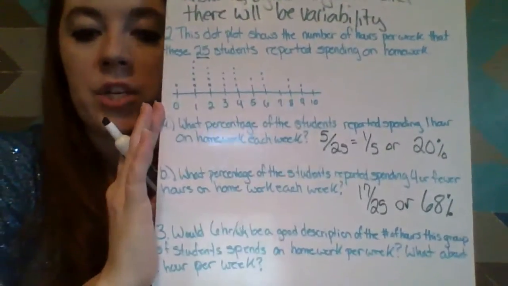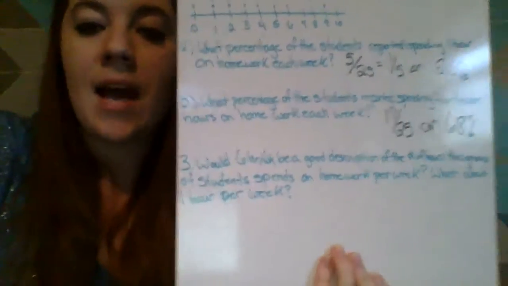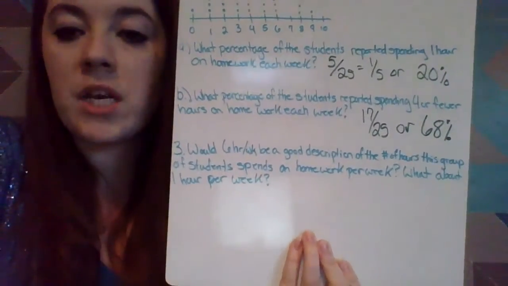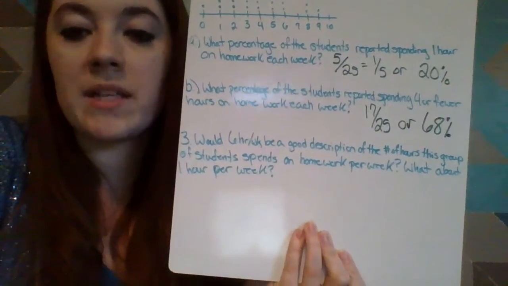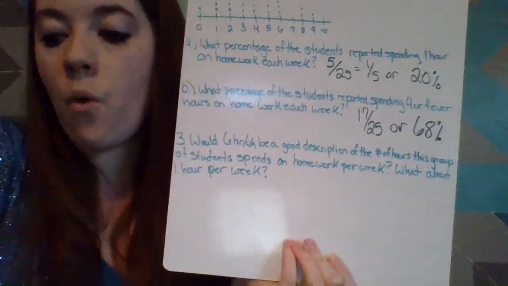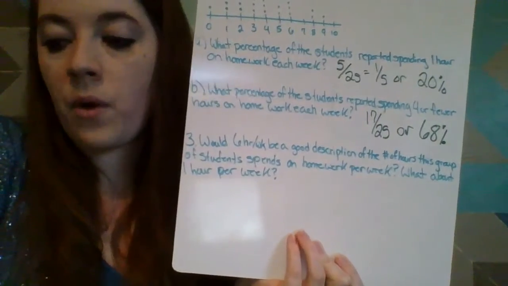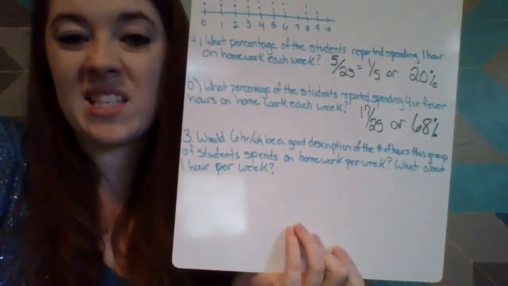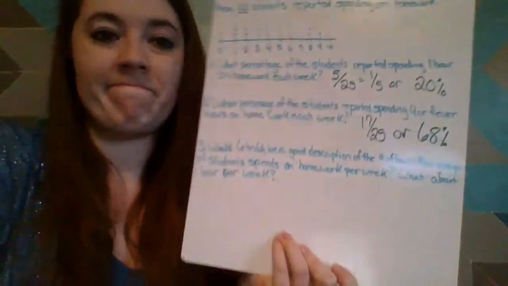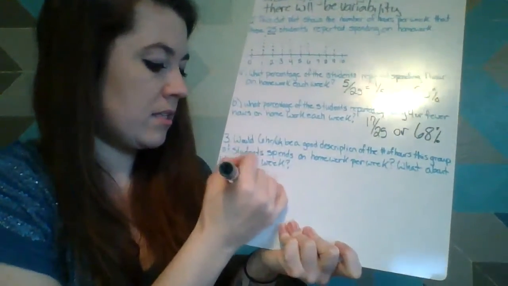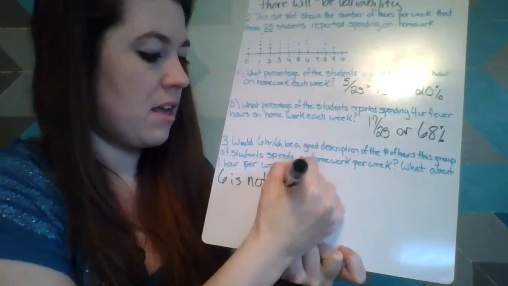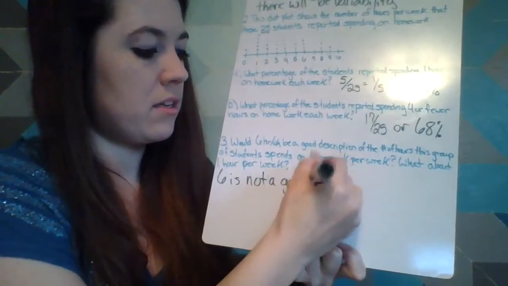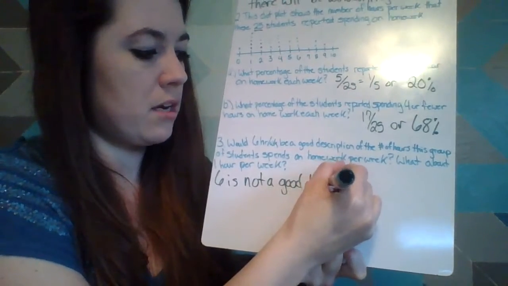So for question 3, would 6 hours per week be a good description of the number of hours this group of students spends on homework per week? What about 1 hour per week? What do we think? Is 6 a good description? No, 6 is not a good description.